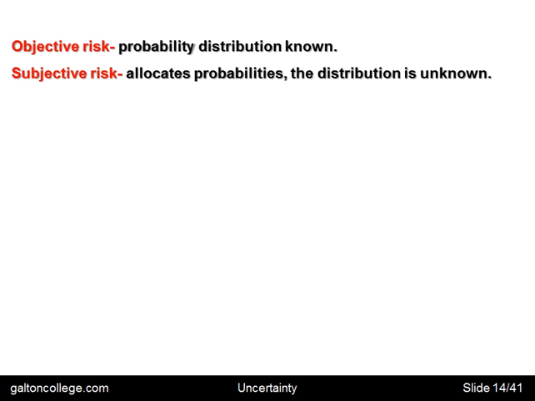There's past data which indicates what's likely to happen. With subjective risk we allocate the probabilities. We make a guess based on as much information as we can collect and analyze. But nonetheless it's a guess.